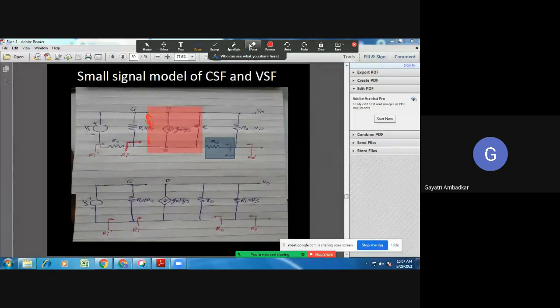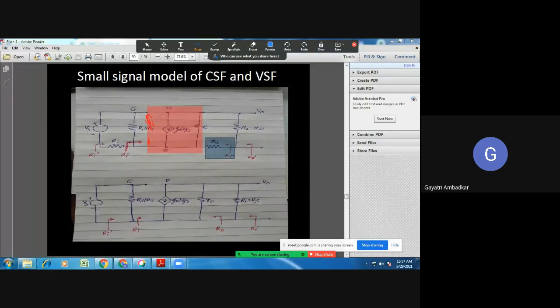VGS open circuit. And this is gm into VGS. This is a current source. The parallel resistance of this current source is the output resistance of the MOSFET. Then if you ground the drain voltage VDD, RD will appear here, and the input resistances R1 and R2 will appear here.